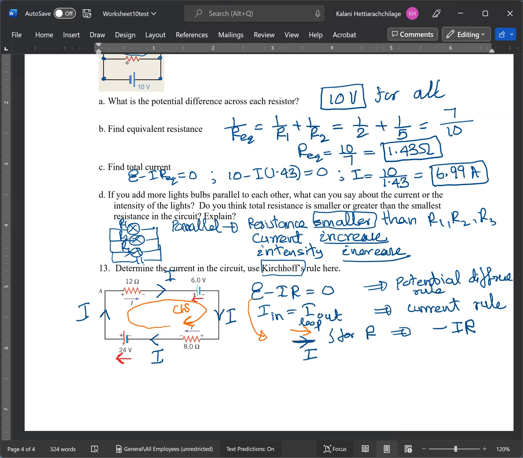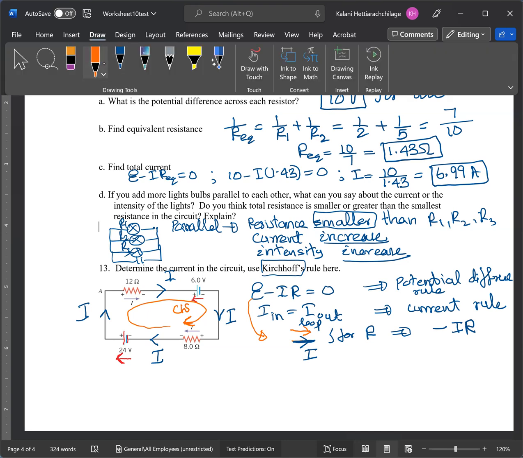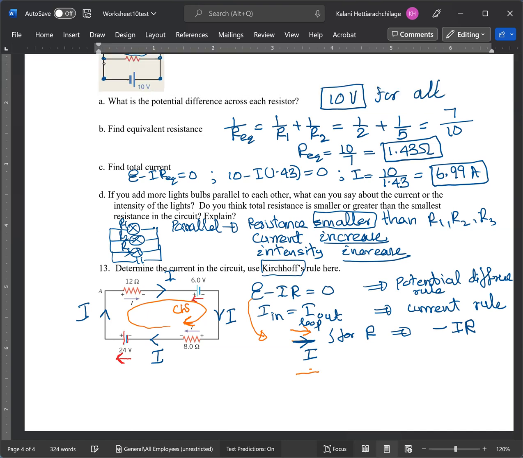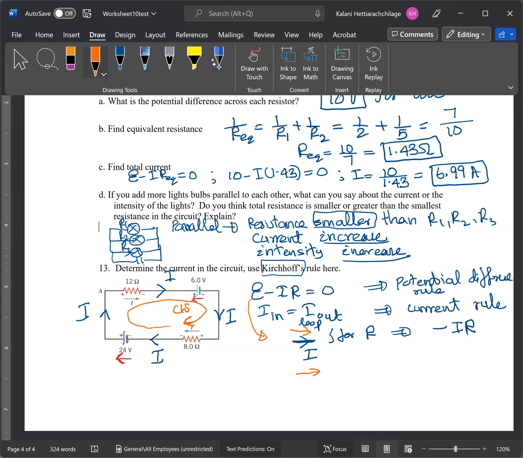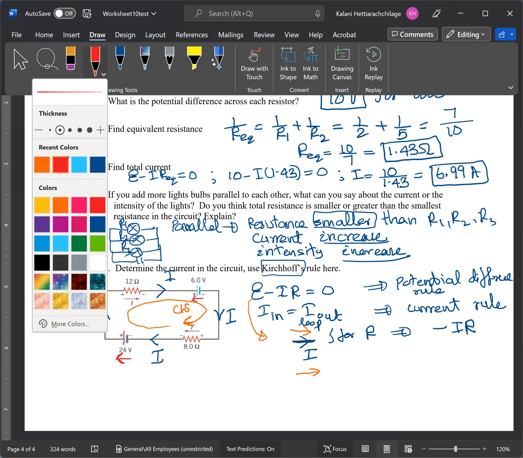In addition to that, if you see the batteries, you have the loop direction and the epsilon direction. The orange is the loop direction, and the battery voltage direction I label in red.